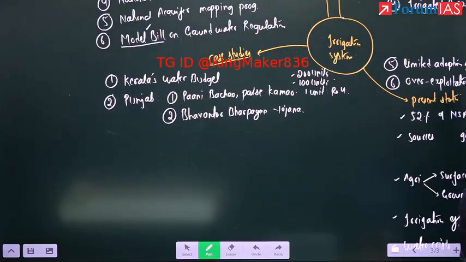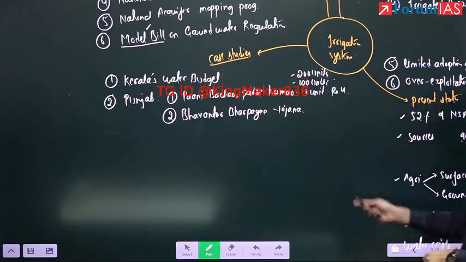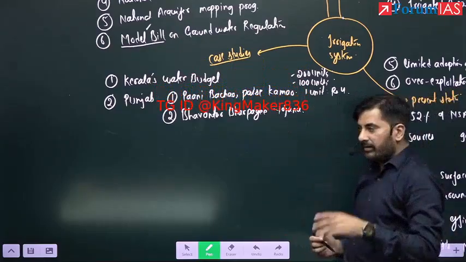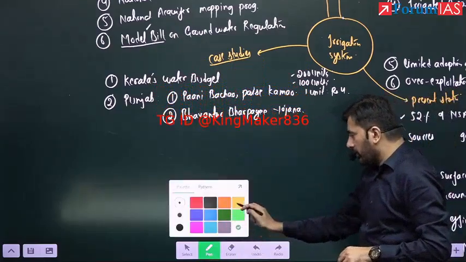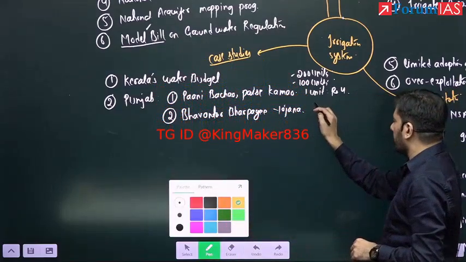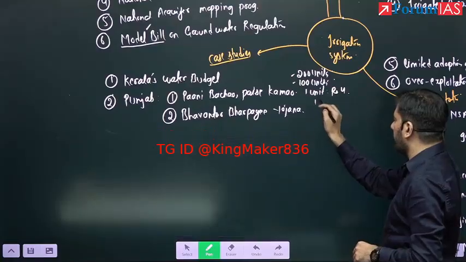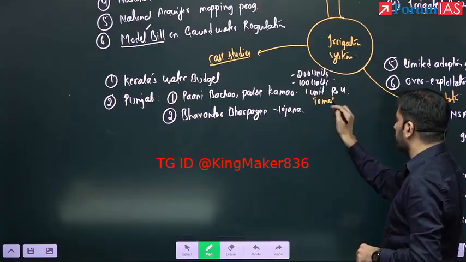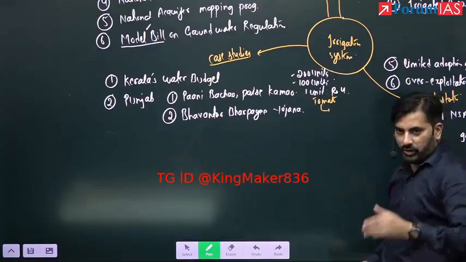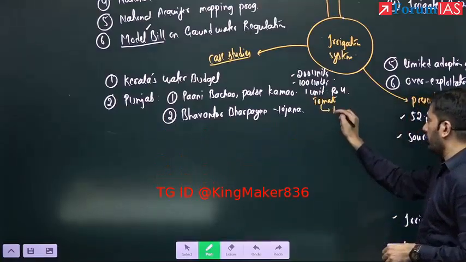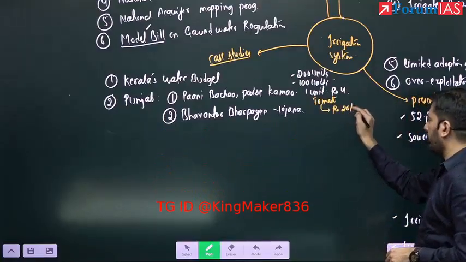Okay, look at the word Bhavantar. Bhavantar Bharpai Yojana. It means, let's say, for fruits and vegetables like tomato, the government has said you will get for sure rupees 20 per kg.